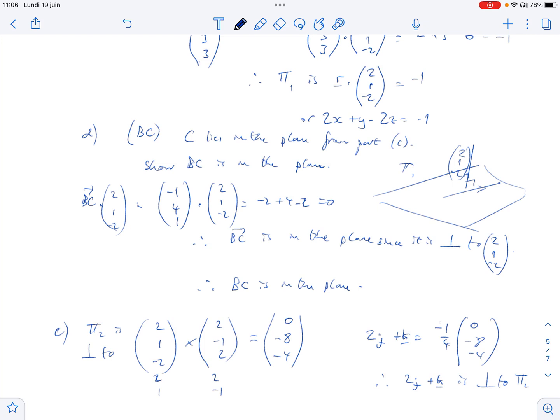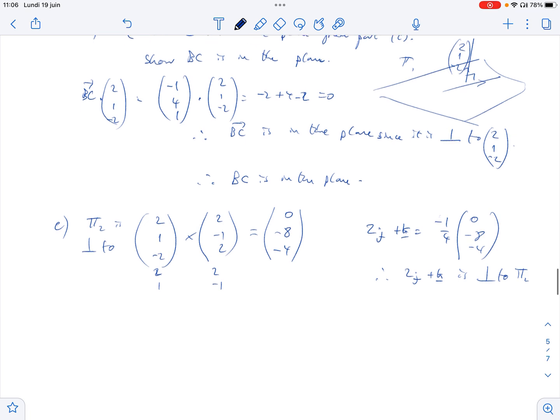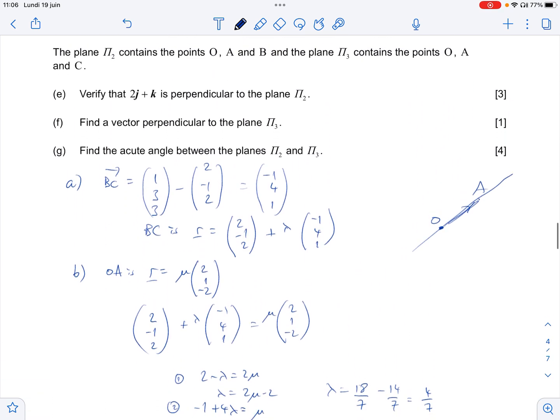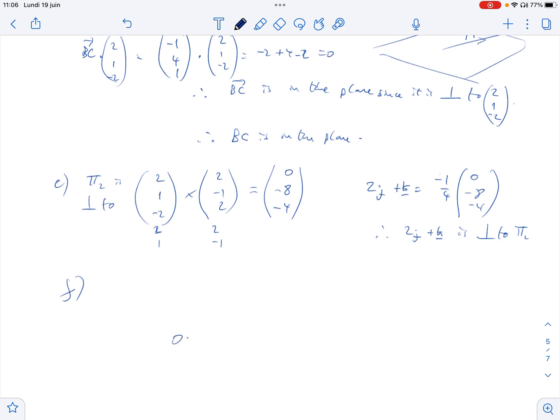Now find a vector perpendicular to pi 3, and pi 3 contains OA and C, and the plane has to be within that group.